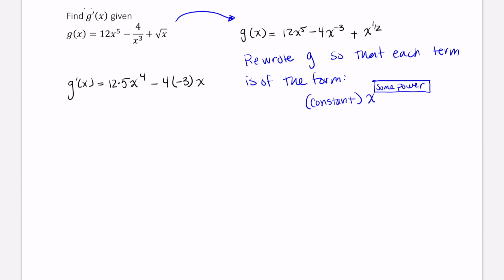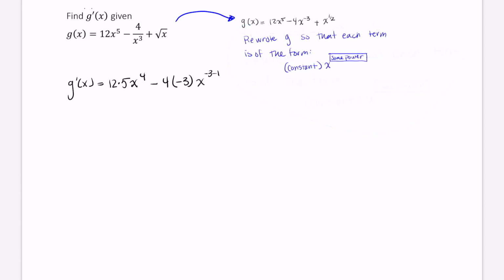Now, if you notice, for this one I went straight to writing 4. We had the original exponent of 5, subtracted 1 to get 4. With this one, I'll show a little more work since it's negative: negative 3 minus 1. And as I'm running out of space, I'm going to have to resize again, so pardon me, those of you working on real paper. And then finally, we have x to the 1/2 power, so this is going to be plus 1/2 times x to the 1/2 minus 1 power.